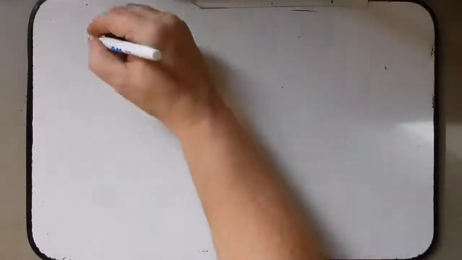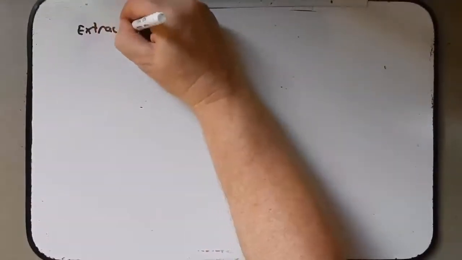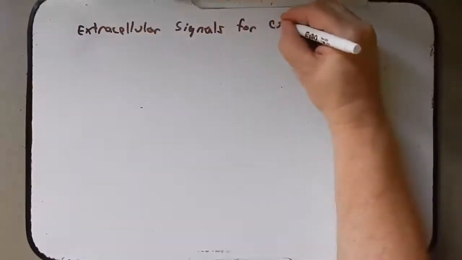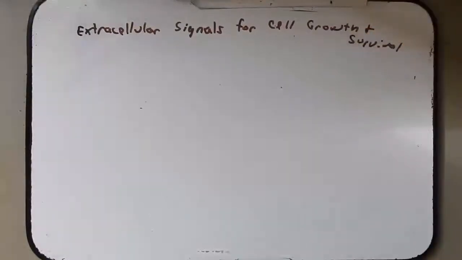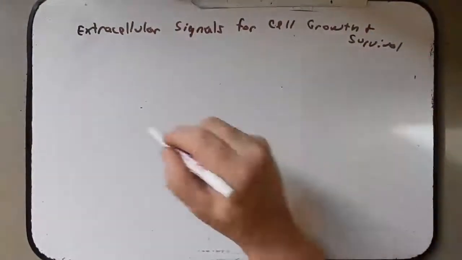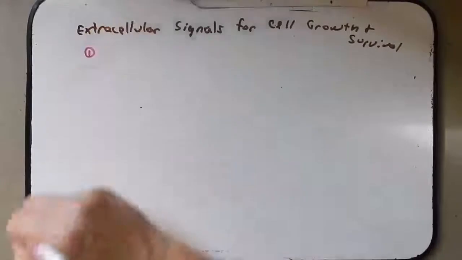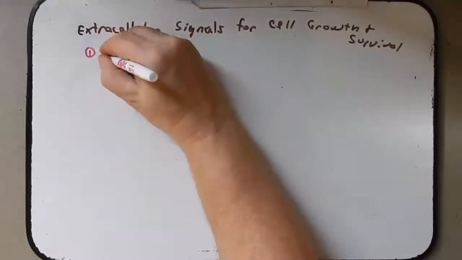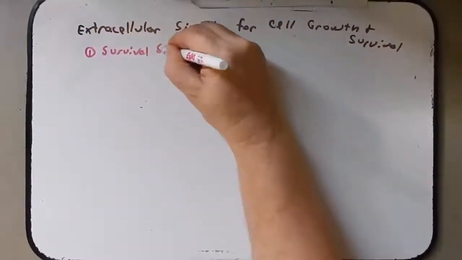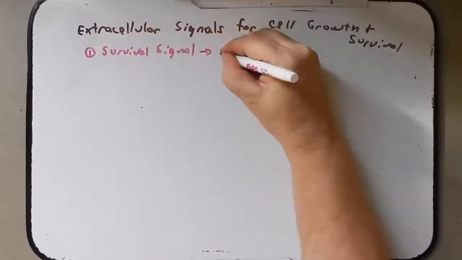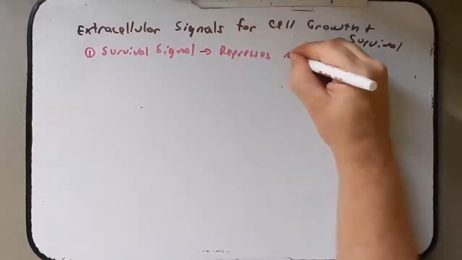Now we just got done talking about the signals that a cell can receive intrinsically or extrinsically to cause cell death. But I want to now talk about extracellular signals for cell growth and survival. So for the cell to grow and survive, it can receive one of 3 signals. It can receive a survival signal, and essentially what this does is it represses apoptosis.